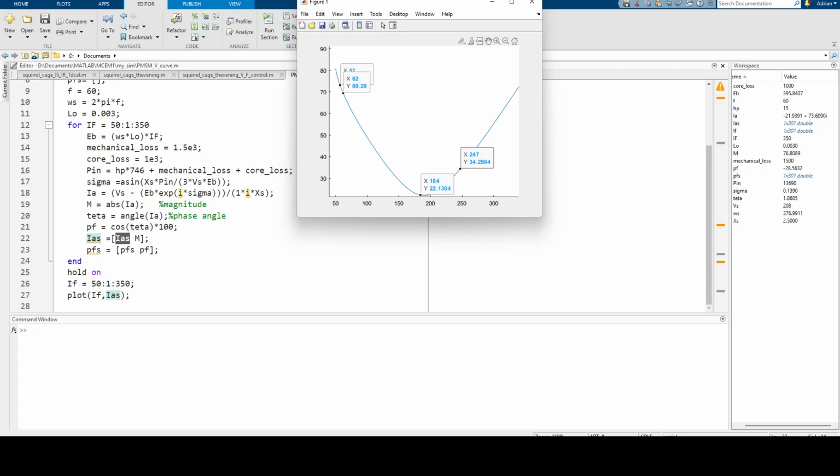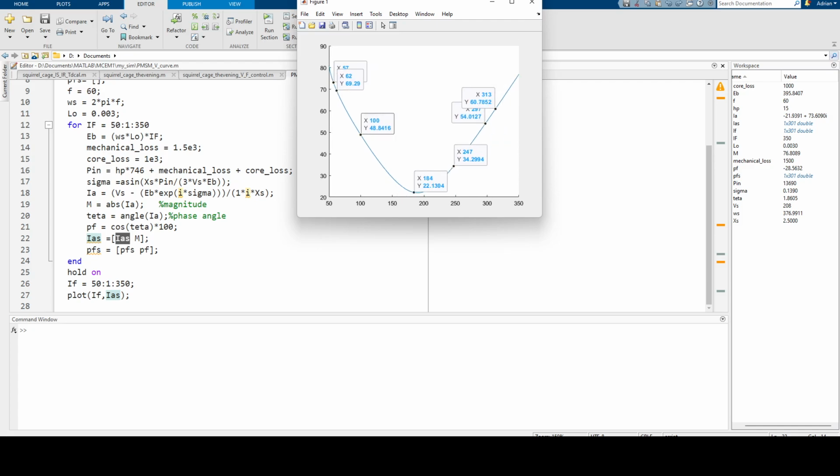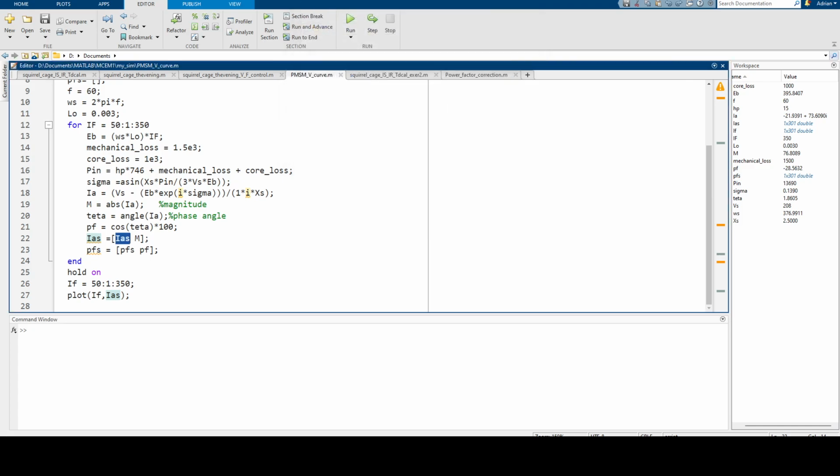As the current IF increases, our current IS increases as well. So this is called the V curve, and it is the response we get when we plot our IF versus IA. Okay, I hope this one helped here.